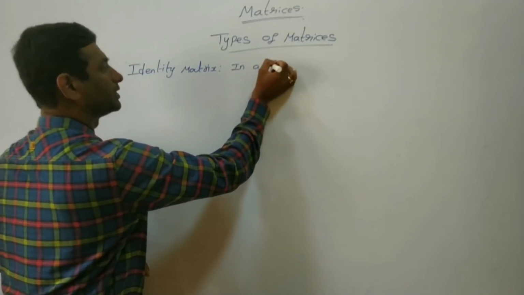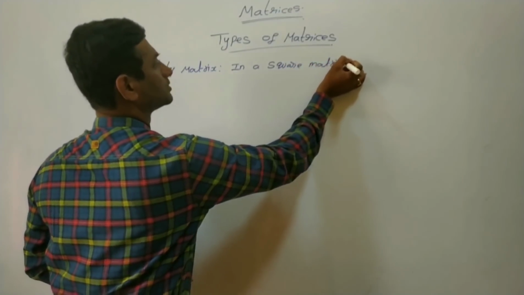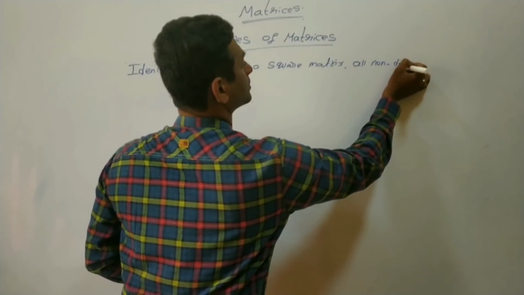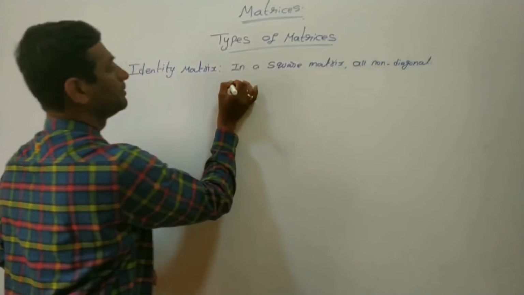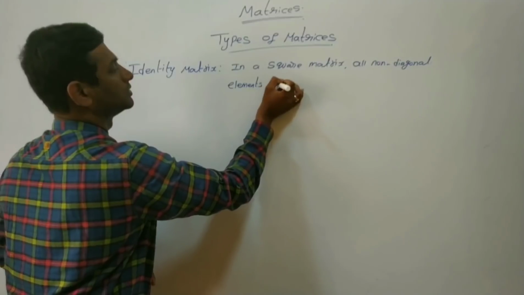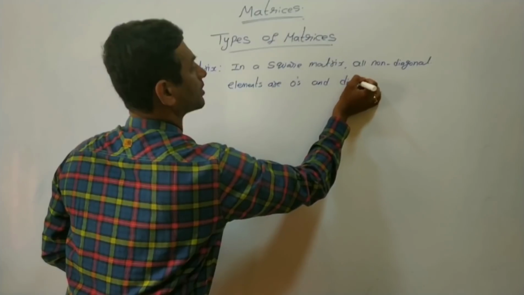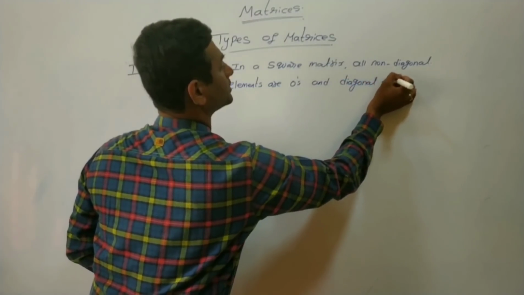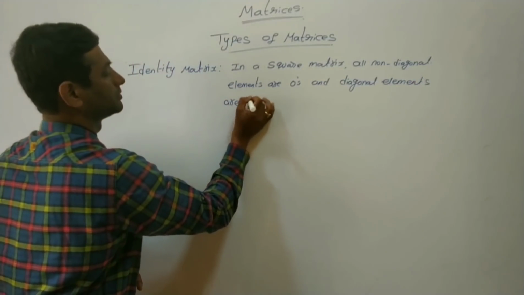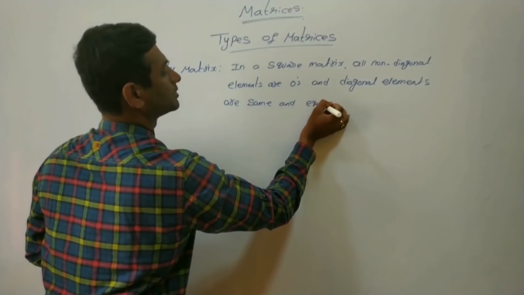In a square matrix, all non-diagonal elements are zeros and diagonal elements are the same and equal to 1.